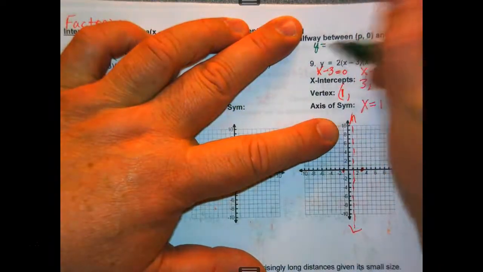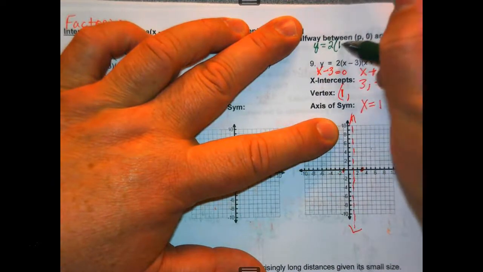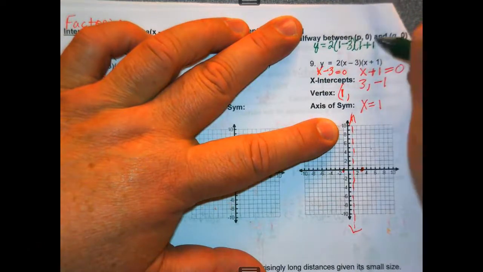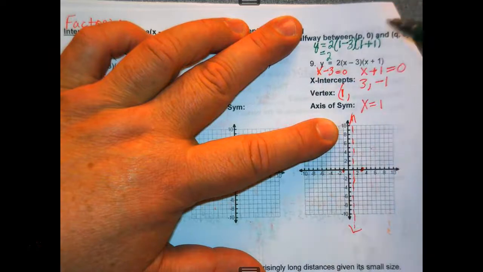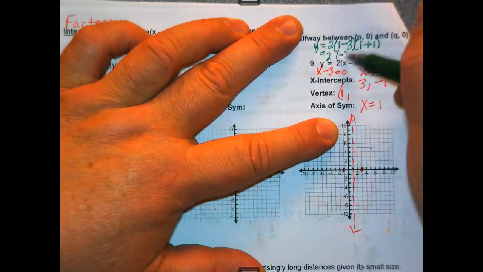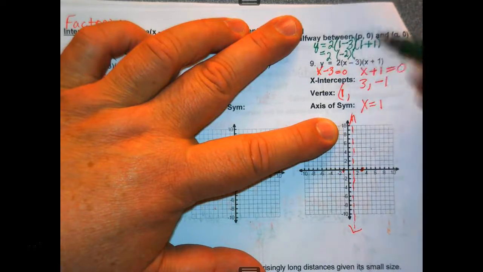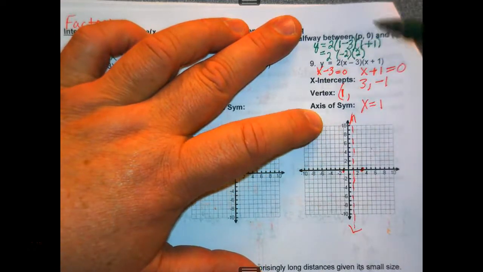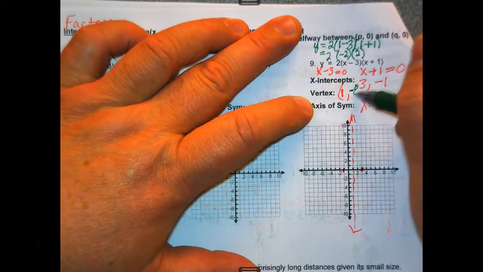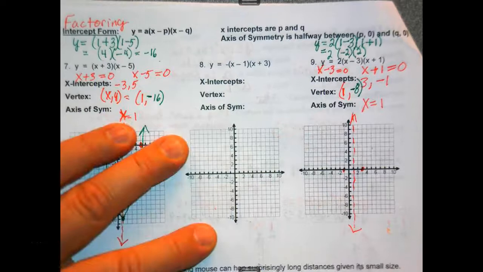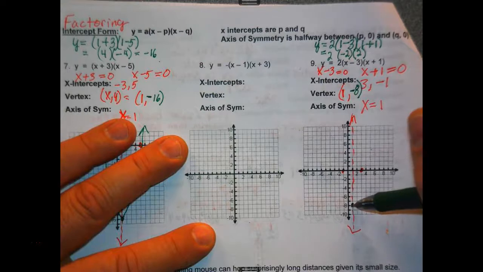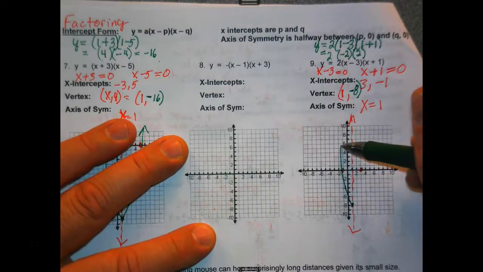So y equals 2 times 1 minus 3 times 1 plus 1. Okay, what's 1 minus 3? Negative 2. 1 plus 1 is positive 2. Negative 2 times 2 is negative 4 times 2 is negative 8. Yep. So (1, negative 8). I have my 3 points. Draw your parabola.